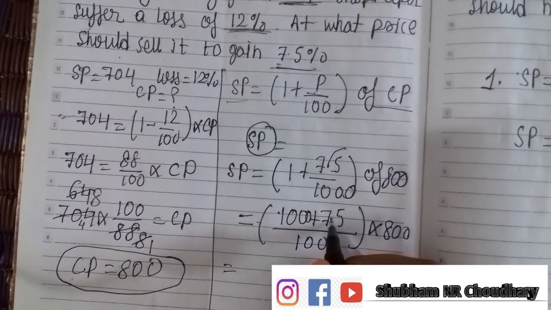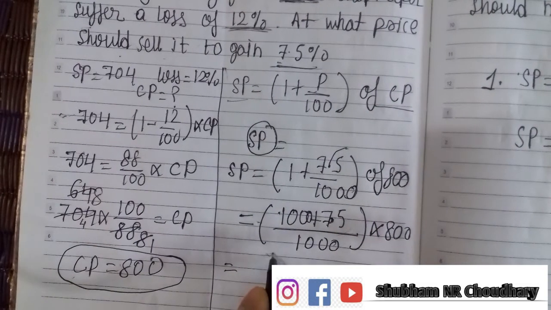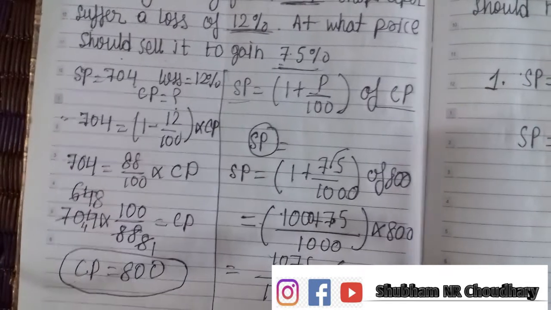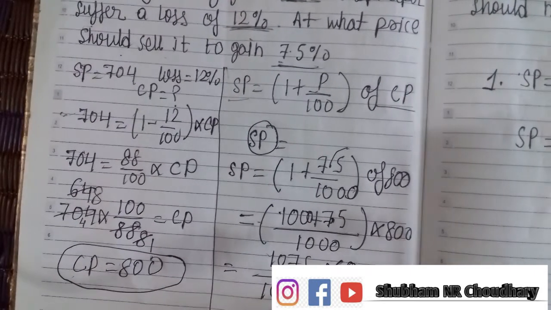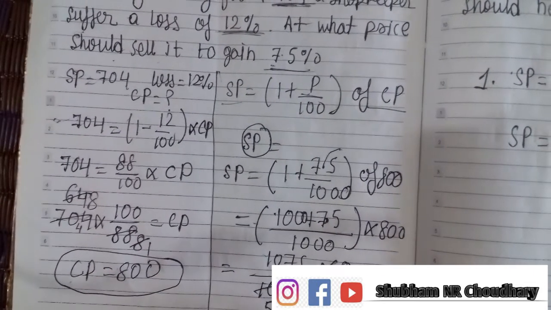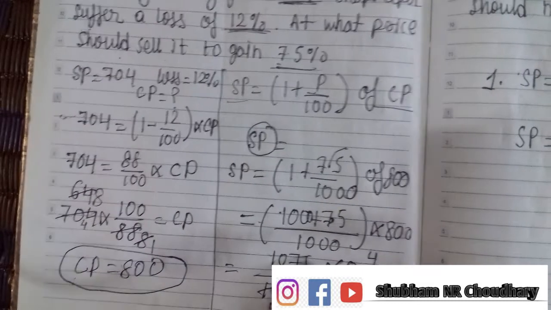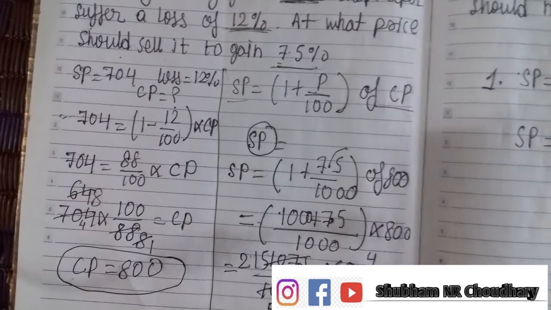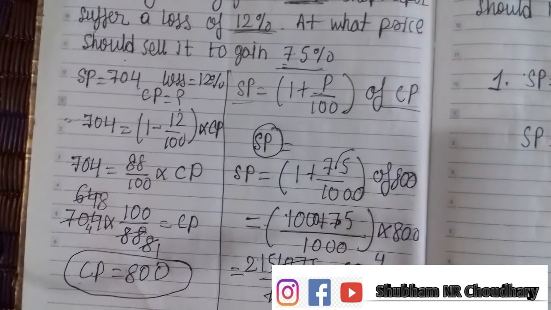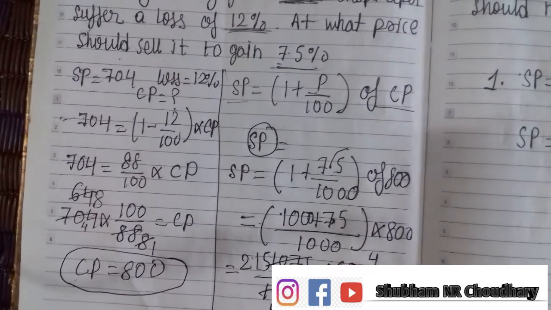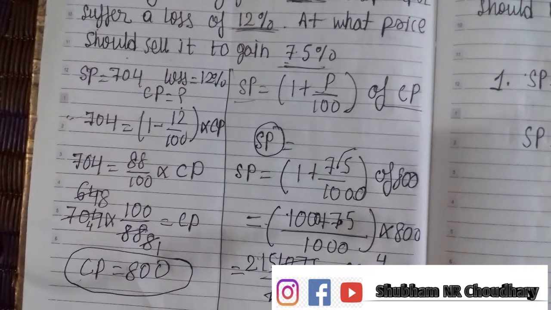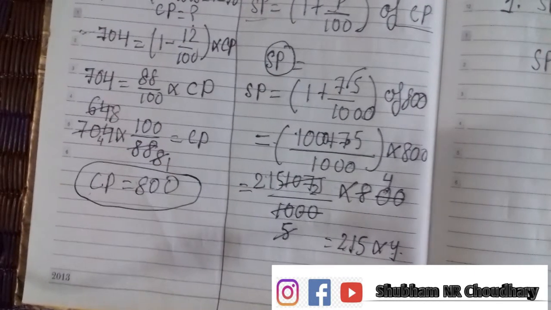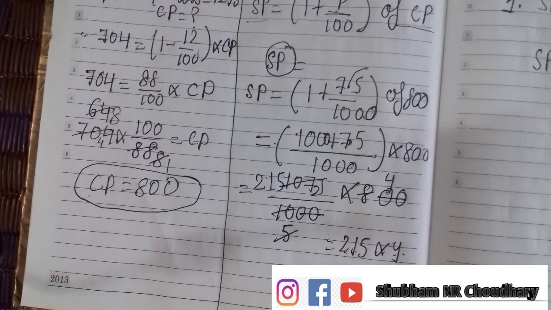So 1000 comes here, the point goes down. So 1075 all divided by 100, into 800. Just cut down. This goes to 5, this goes to 4, this goes to 2, 1, 5. So 215 into 4: 200 into 4 is 800, 15 into 4 is 60, we get 860. This is our answer.